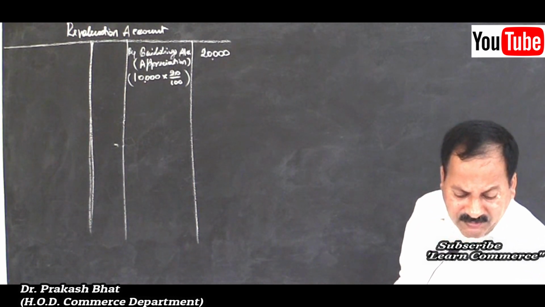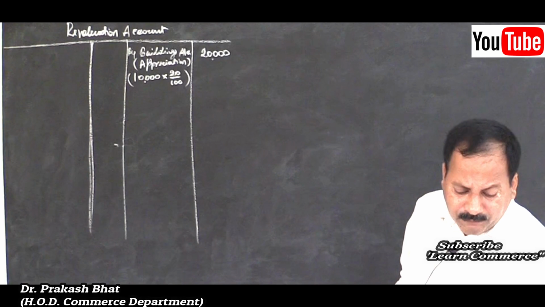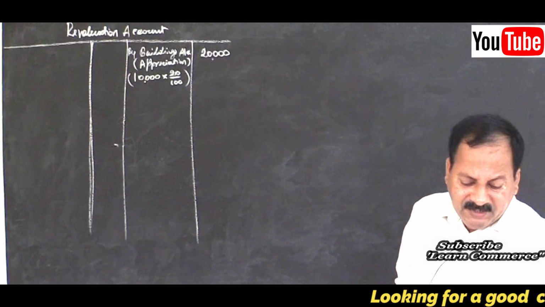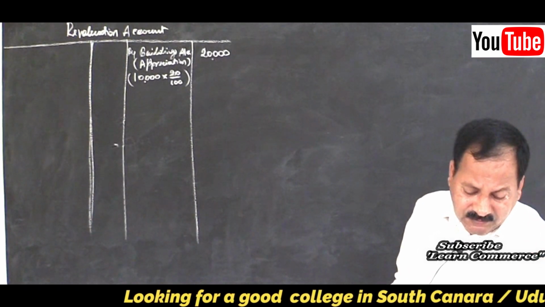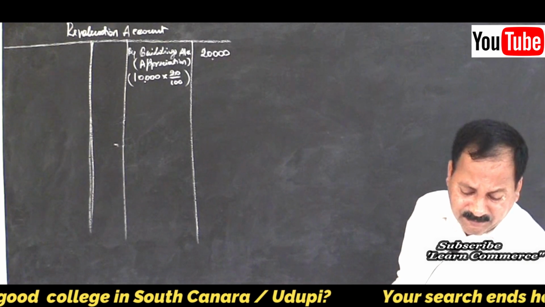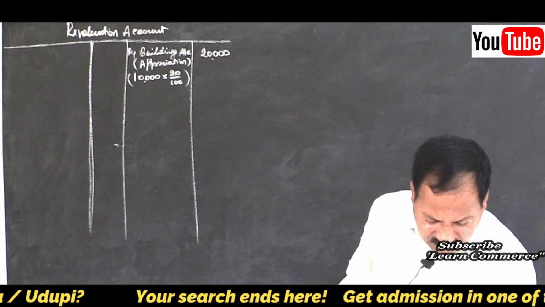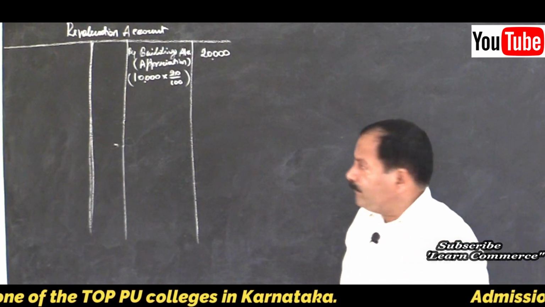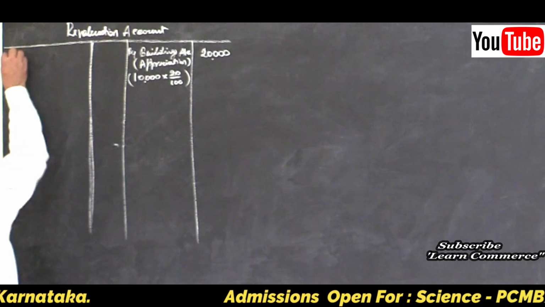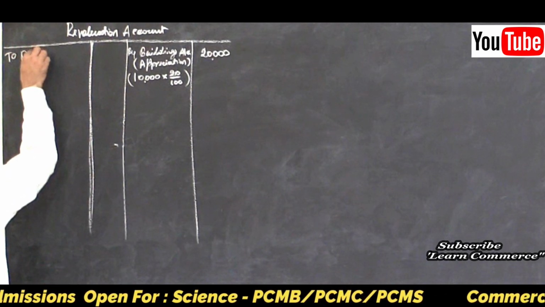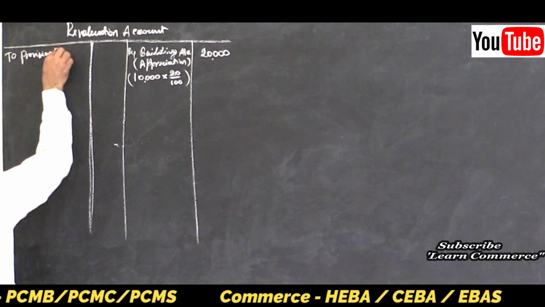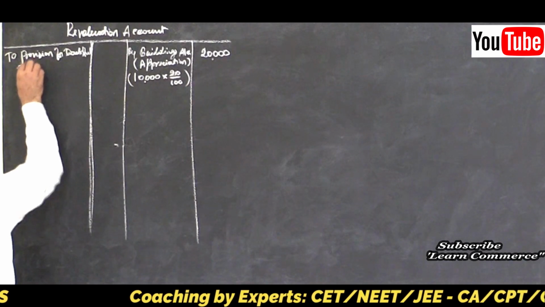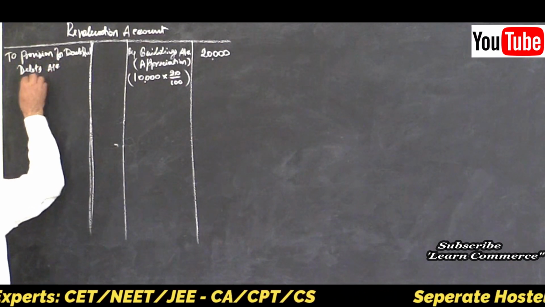Next one is provision for bad debts to be increased to 15% on debtors. Sundry debtors, we have to see how much it is. Sundry debtors 20,000, correct? So 20,000 into 15%, to provision for doubtful debts account.